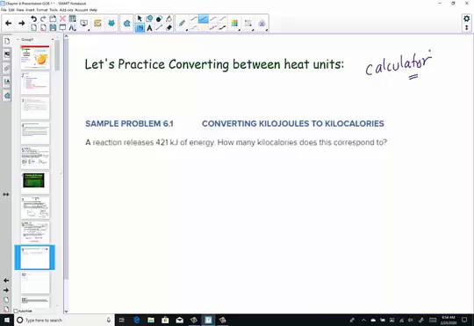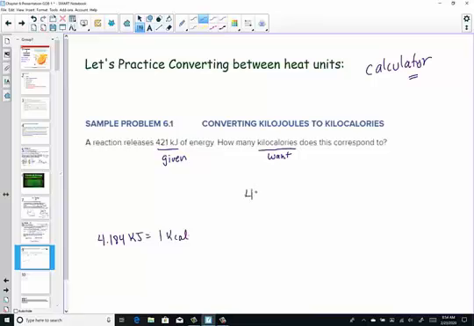A reaction releases 421 kJs of energy. How many kilocalories does this correspond to? So we're working to memorize our conversion that we equate 4.184 kilojoules is the same as saying 1 kilocalorie.